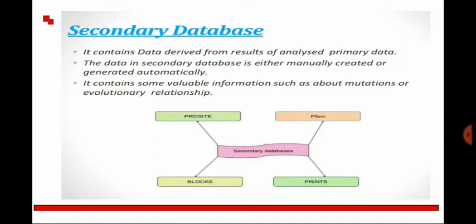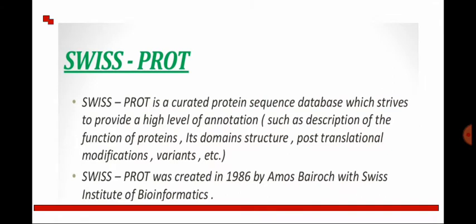In this, the protein sequences are stored, that means the function of proteins, their domain structure, post-translational modifications, and variants. Swiss-Prot was created in 1986 by Amos Bairoch with the Swiss Institute of Bioinformatics.